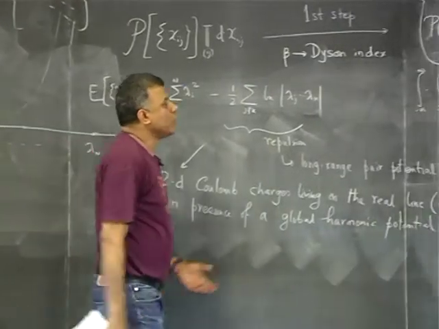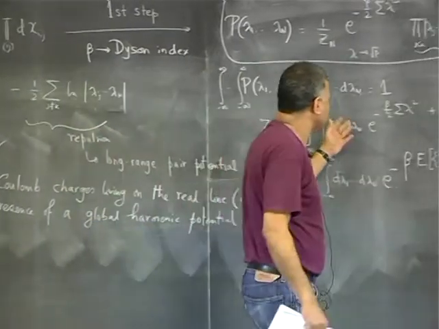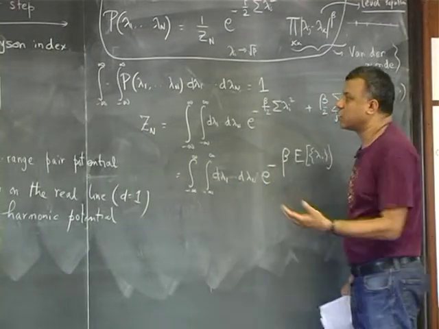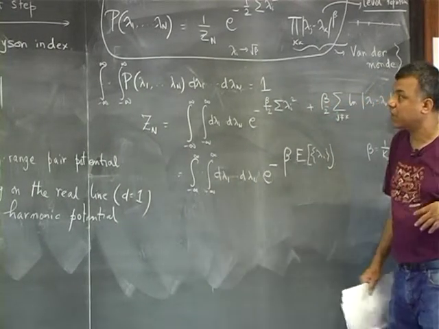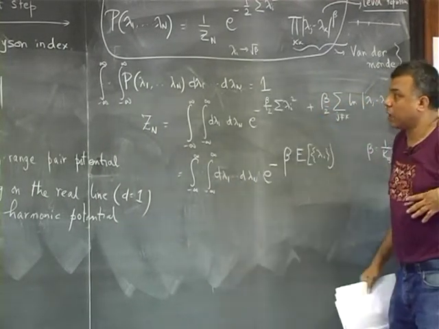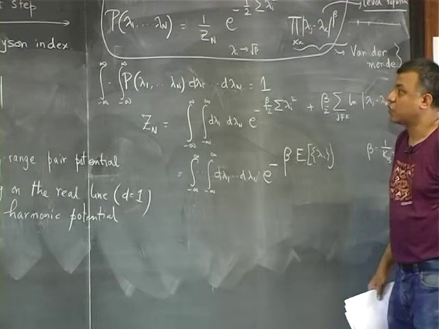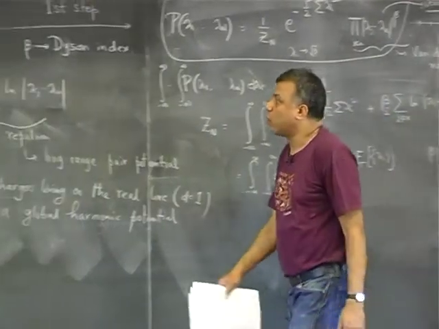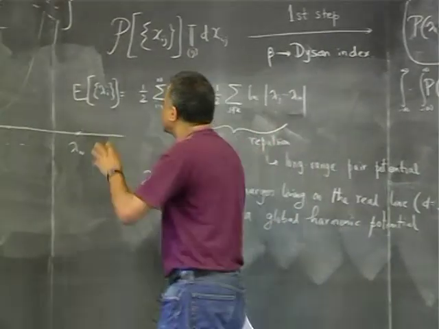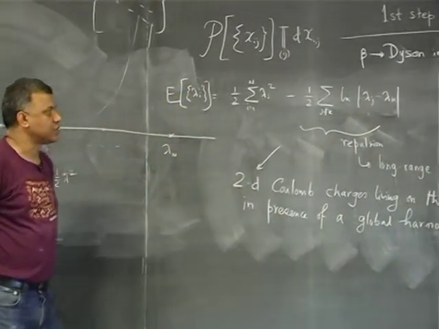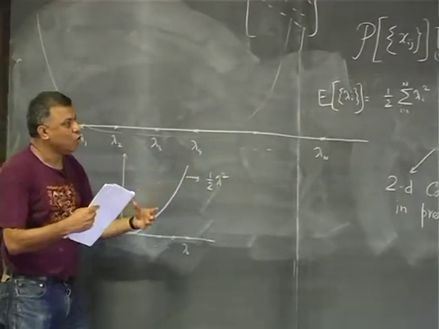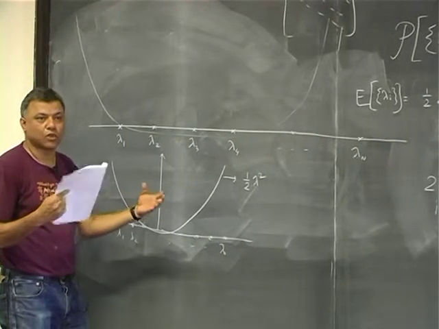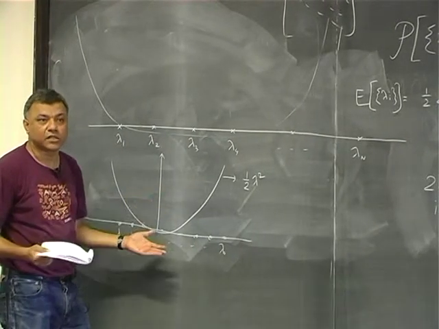So then you want to interpret this partition function as the partition function of that Coulomb gas, a special type of Coulomb gas in presence of a harmonic potential. And so the first question is: what is the equilibrium distribution of these charges? I have two competing interactions. What's the minimum energy configuration? What's the configuration in which this system settles down?